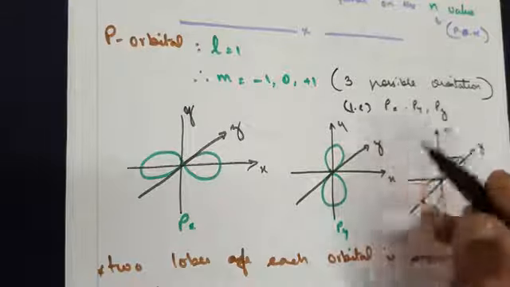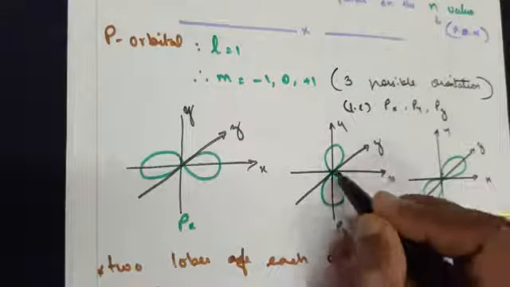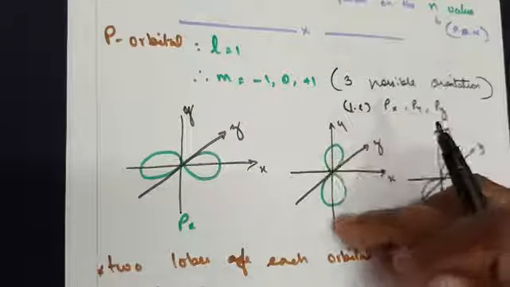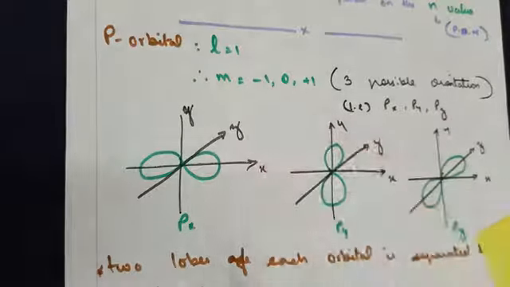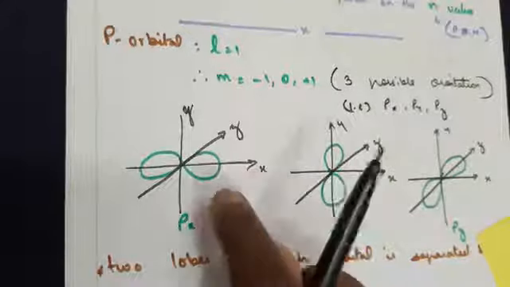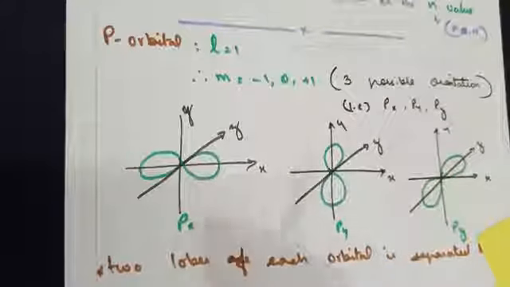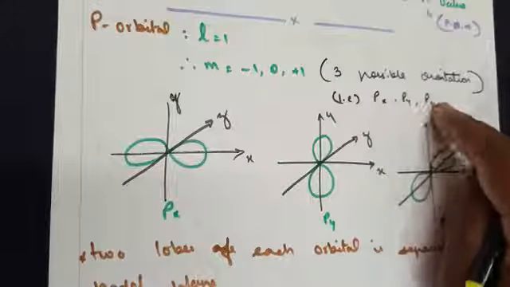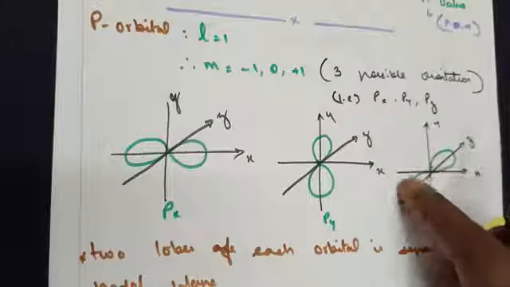When you say py, the electron is found along the y-axis alone, again on the positive and negative scale. For pz, the electron is found along the z-axis. So the p orbital has a dumbbell shape, and the s orbital is spherical in shape.